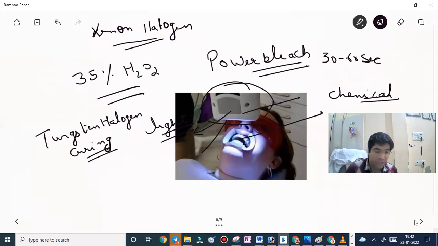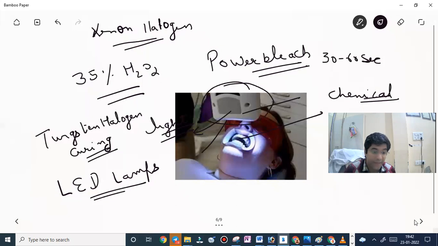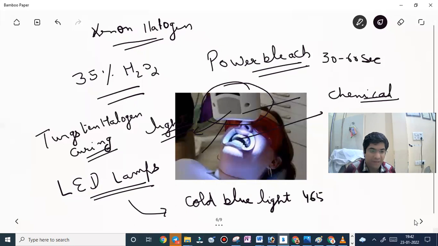This question was asked in your NEET exam. What we follow is LED lamps. Why? Remember, they emit cold blue light with a wavelength of around 465 nanometer. That causes activation of hydrogen peroxide and accelerates the bleaching process.